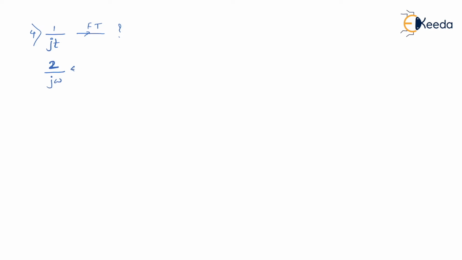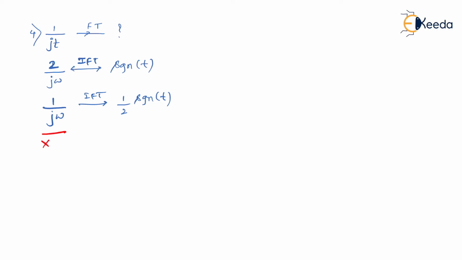The standard function is 2 upon j omega, for which we get the inverse Fourier transform as signum of t. In case you don't want this 2 over here, I can write it this way: 1 upon j omega will have inverse Fourier transform as half of signum of t. So constants you are allowed to transfer from time domain to frequency domain the way you transfer them in equations.